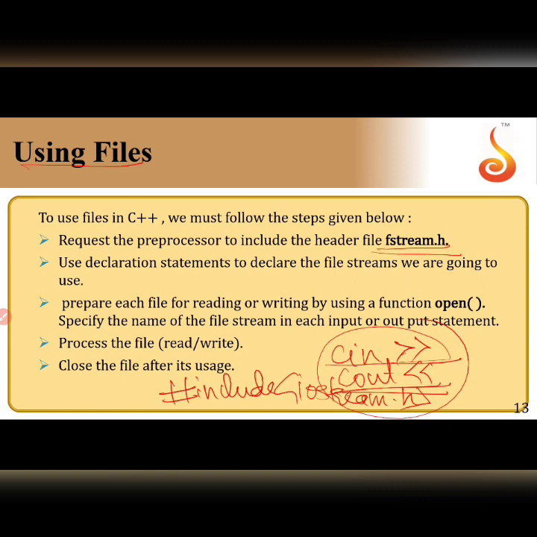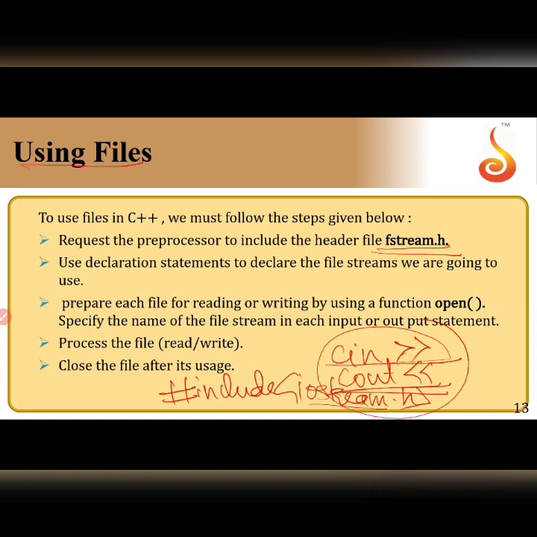If I am reading from a file or writing to a file, I need to include the fstream.h header file, the same way I include iostream if I am using cin and cout.